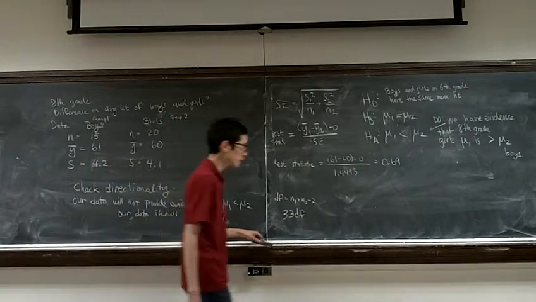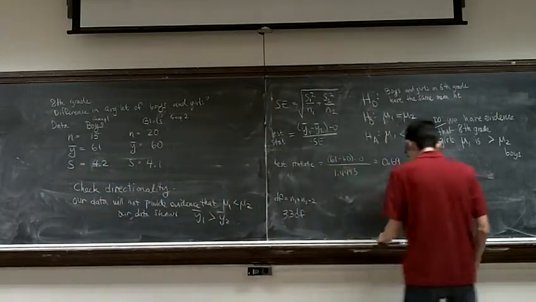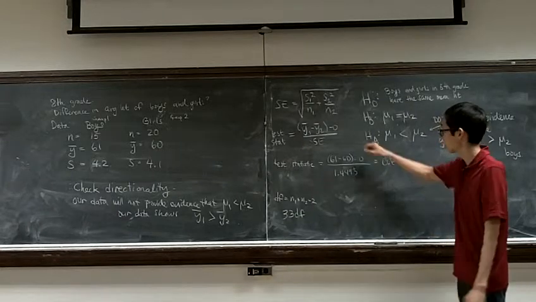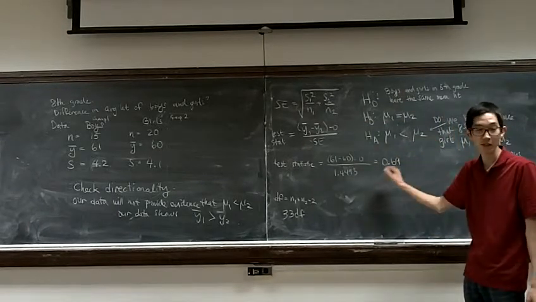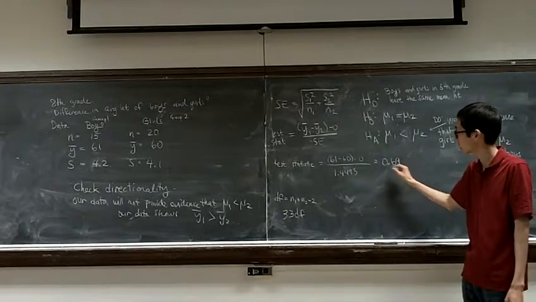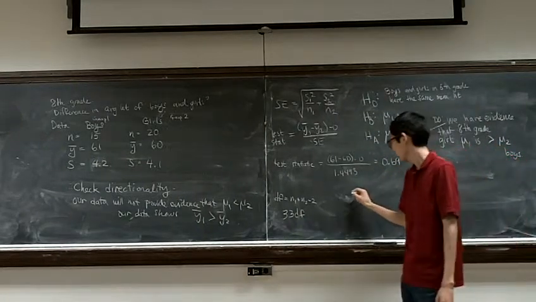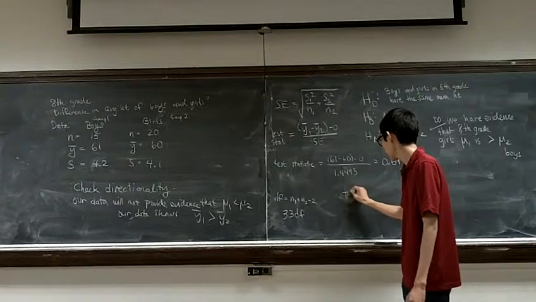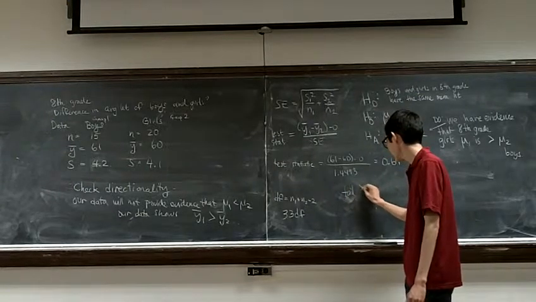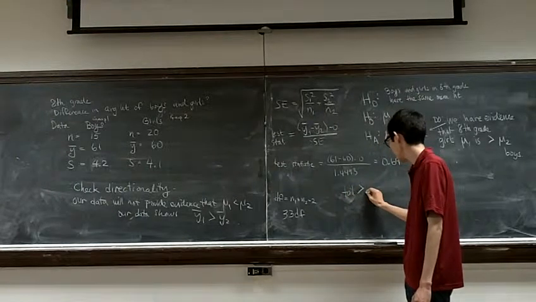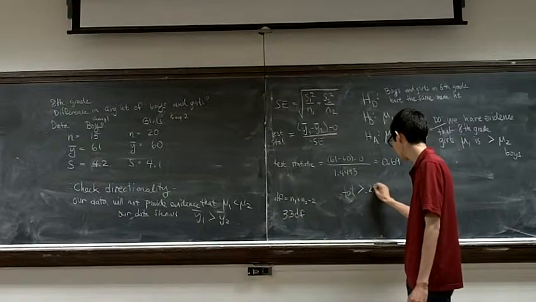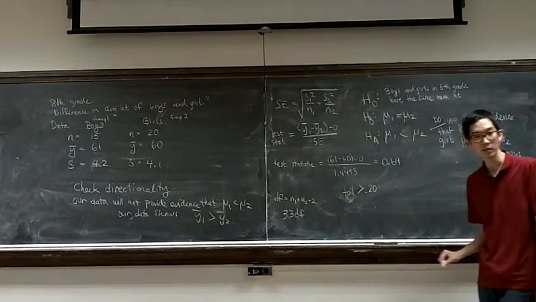So in that case, for our p-value, all the math is still the same. 61 minus 60, all of this stuff is still the same. And then when we looked it up in the t-table, we said our tail is greater than 20%.